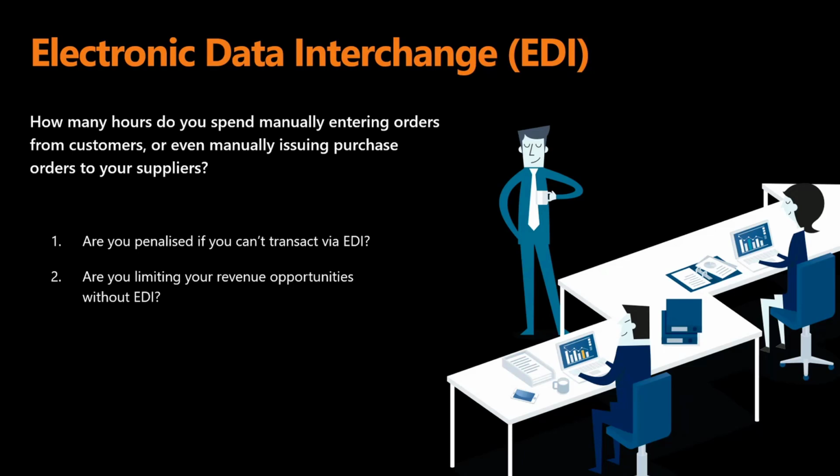EDI not only automates the process, it also enables you to keep your margins as high as possible and eradicate errors. So from our perspective, if you're not doing EDI at the moment, why aren't you? It's very much a case of, if you can, get your messages electronic and get your process automated.